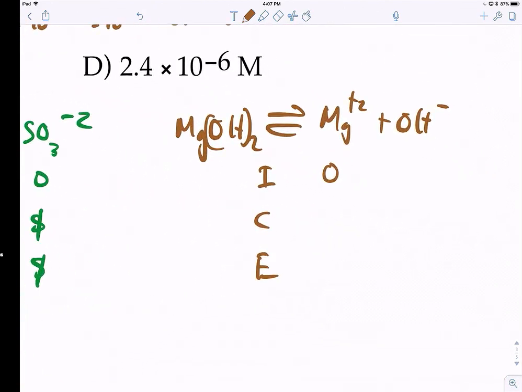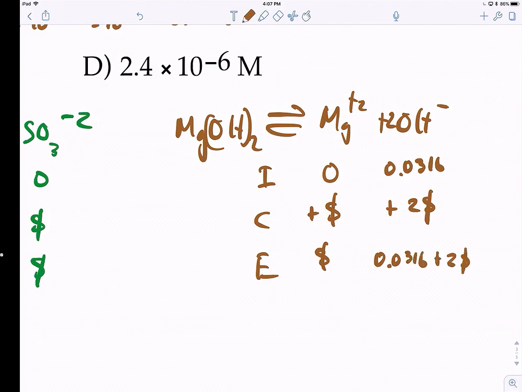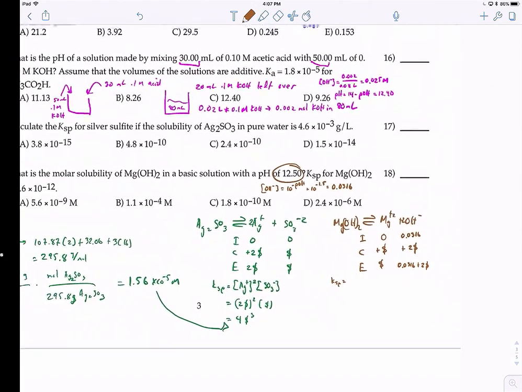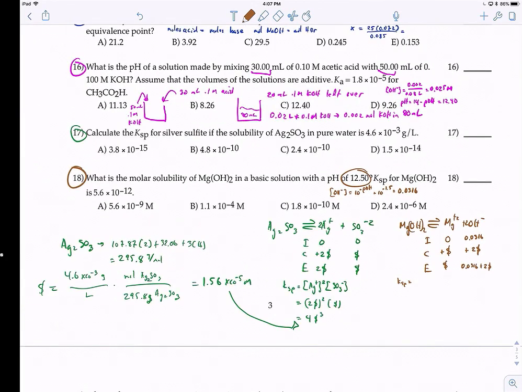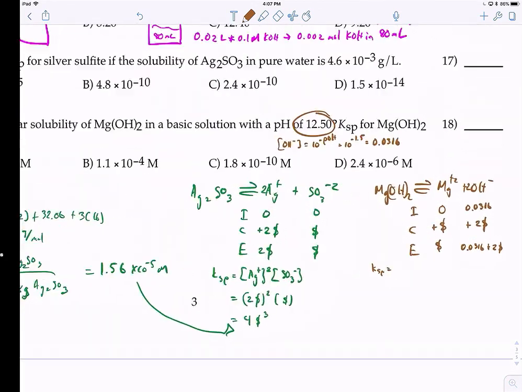So when you do this, the hydroxide is 0.0316, the change is plus solubility for magnesium and plus 2 solubility for hydroxide. The Ksp, we give it to you, is 5.6 times 10 to the minus 12.